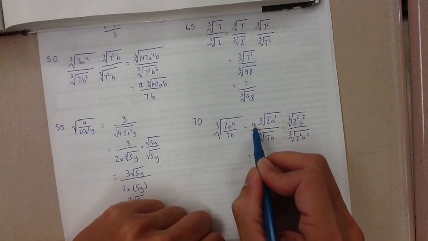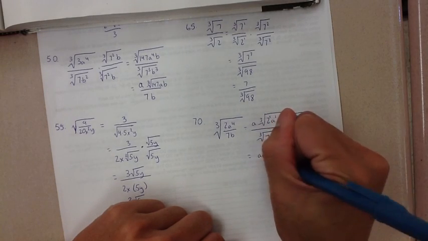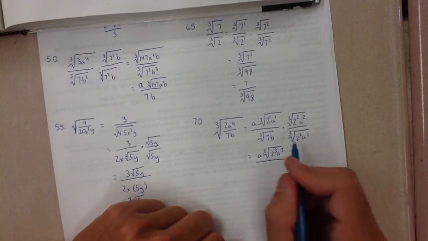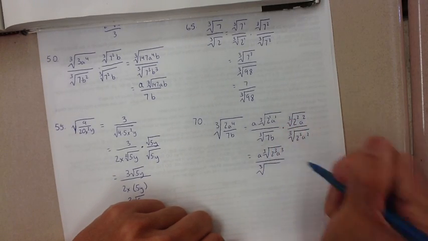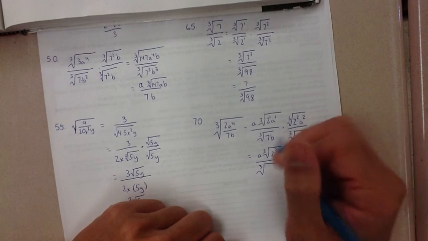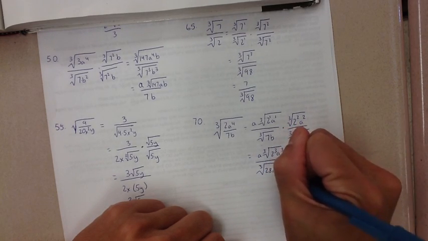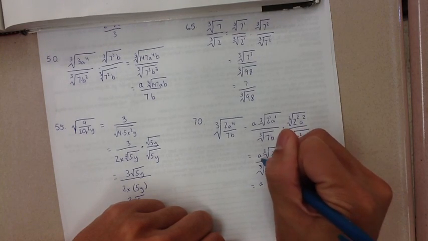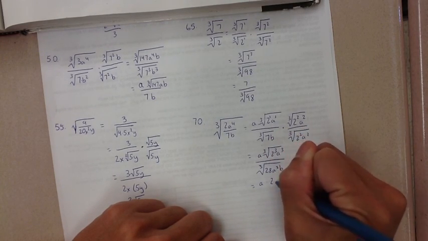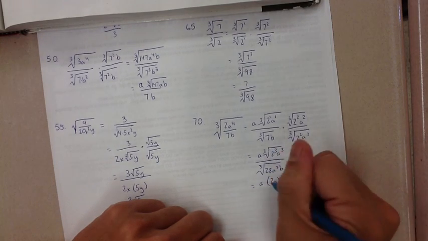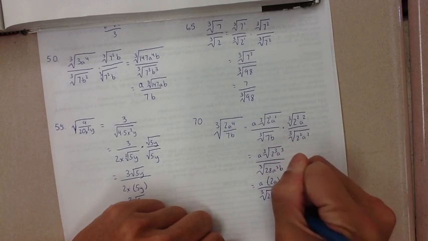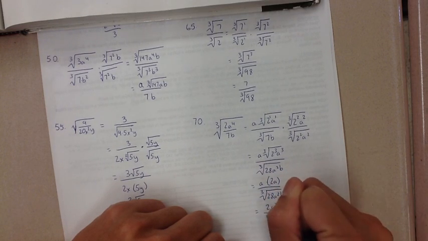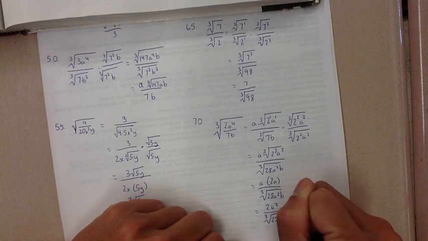So now I have a cube root of 2 cubed, a cubed, perfect, over the cube root of, multiplying through, 2 squared is 4 times 7 is 28. I got an a squared there and a b. Nothing down there simplifies. This will simplify to another a, that's from here, times 2a, that's the cube root of this, over cube root of 28 a squared b. And this is 2a squared over cube root 28 a squared.